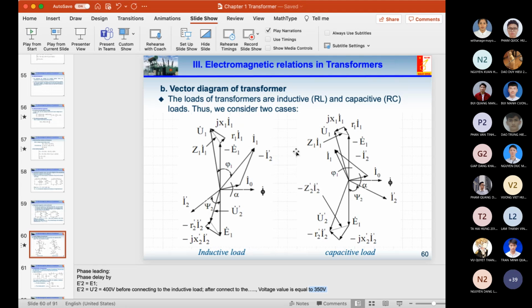For example, for student A, you get a question like this, of course without showing you the inductive load, and they will ask you: if you look at the figure like this, you can think whether the transformer is connected to an inductive load, capacitive load, resistive load, or mixed load. And of course the answers are A, B, C, D.